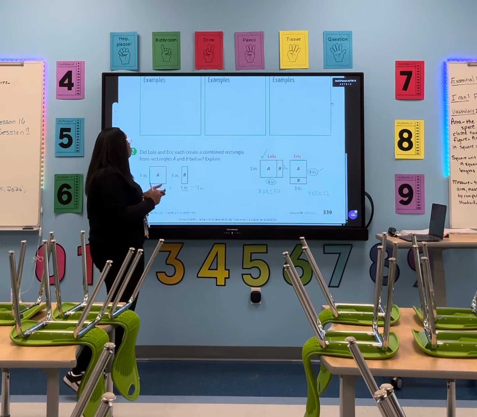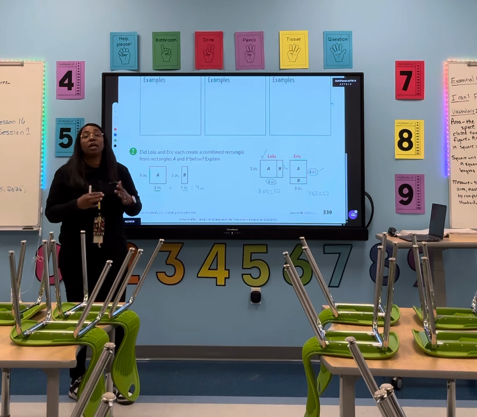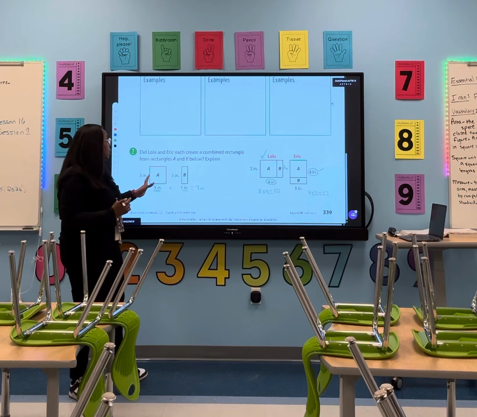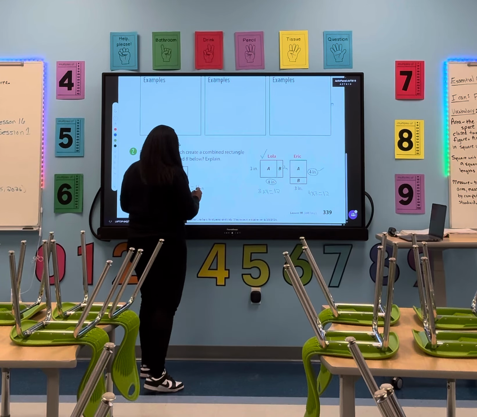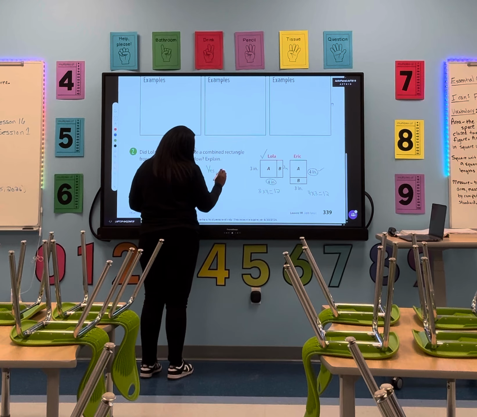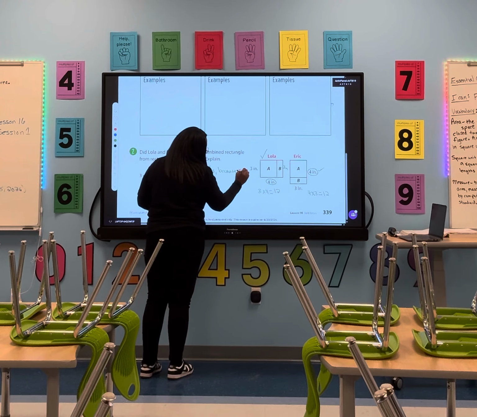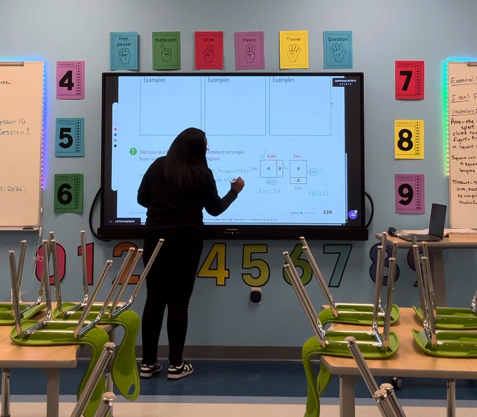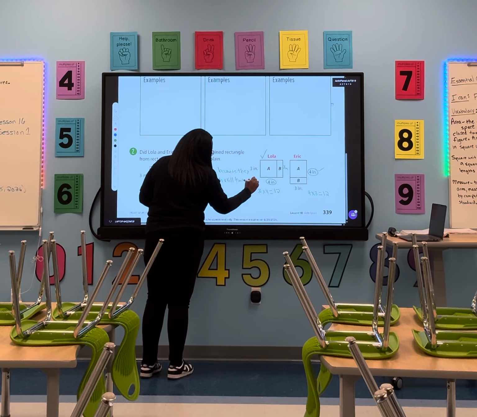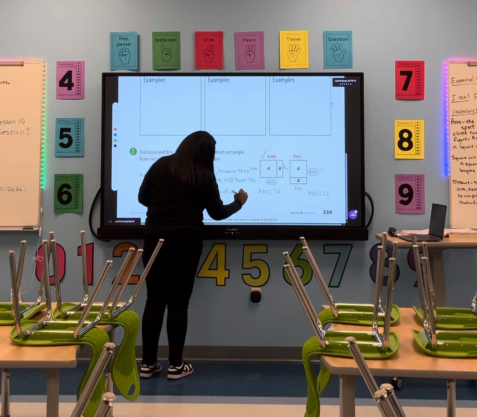So yes, we would say, did Lola and Eric each create a combined rectangle? Yes, because they both still have the area of 12 square inches.